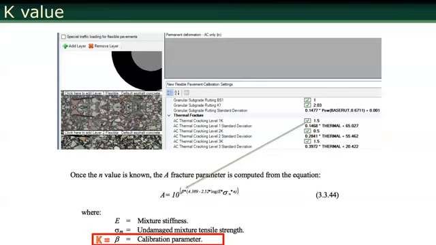Okay, and then that beta is actually K. In the documentation it says beta, but in here K is used. So that K is the calibration factor.